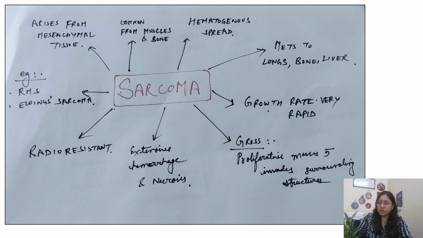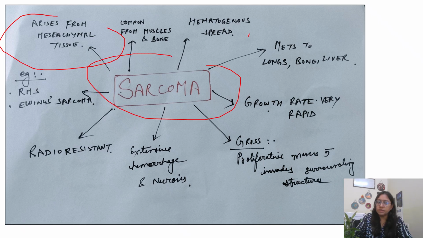So then moving ahead to your sarcoma. What do you see in sarcoma? It arises from your mesenchymal tissue; that was epithelial, this is mesenchymal. And it usually arises from your bones and muscle. In carcinoma the route followed for metastasis was lymphatic spread.